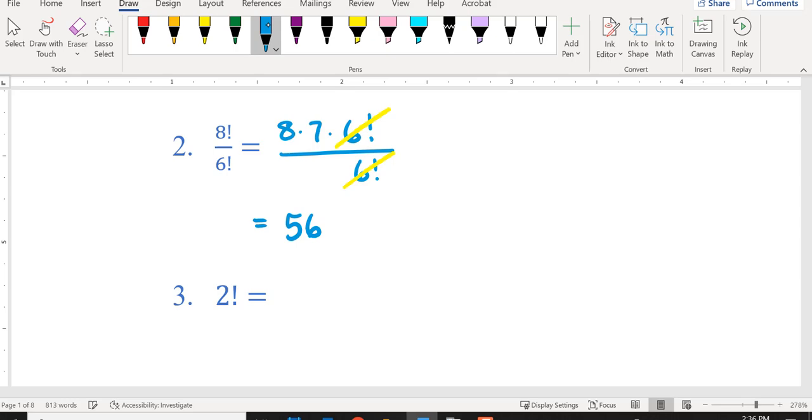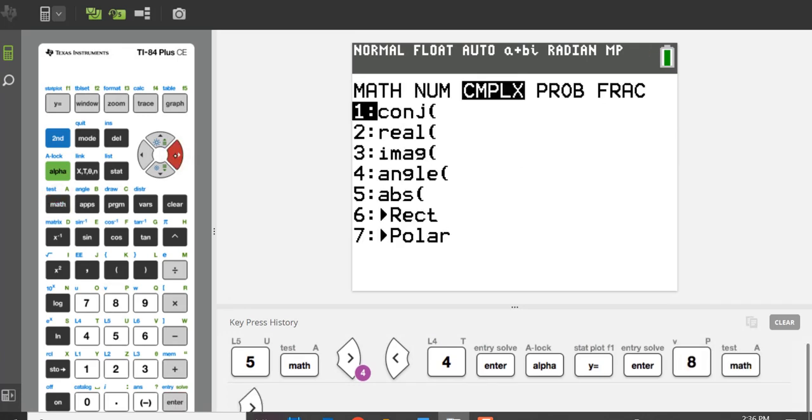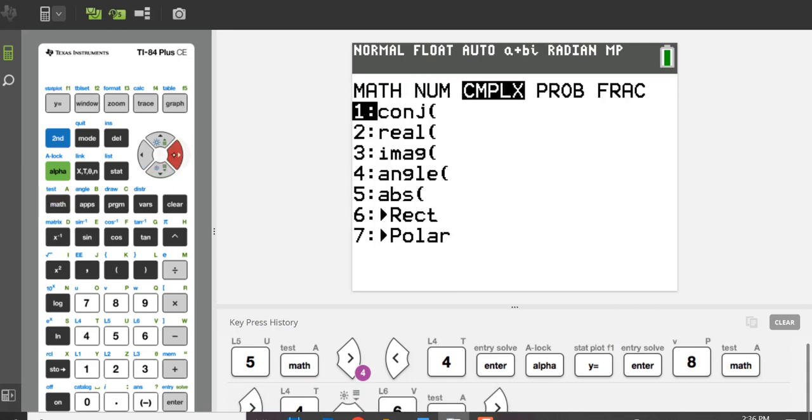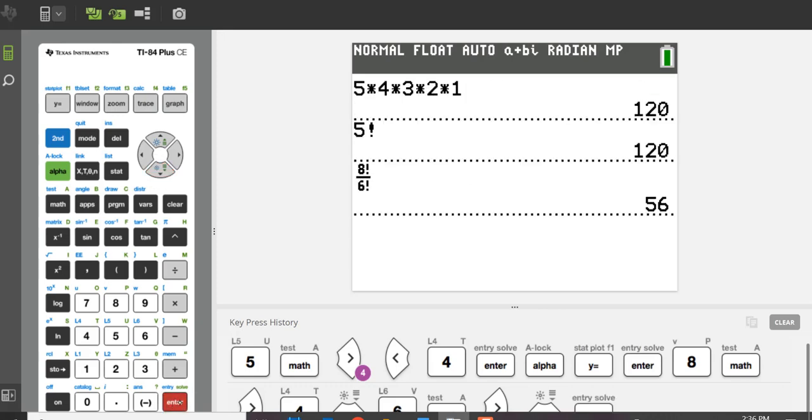Now, if you're not comfortable doing it that way, on the calculator, I'm going to go do a fraction, and I'm going to do 8 factorial over 6 factorial, which is 56.